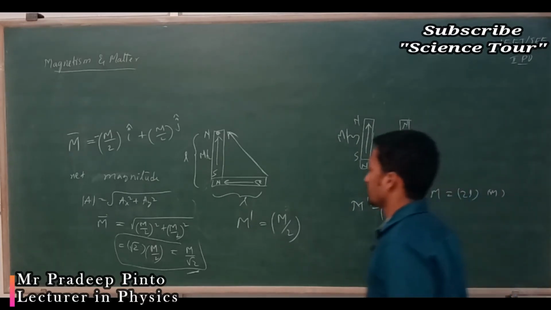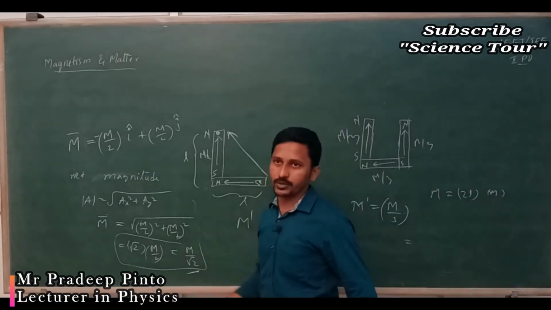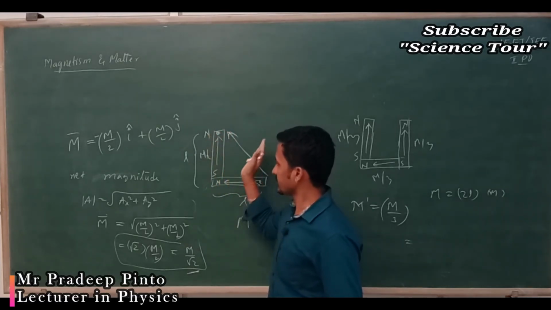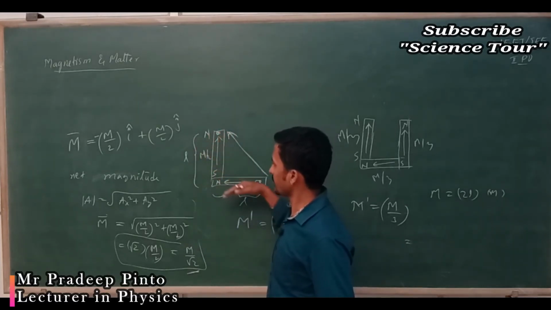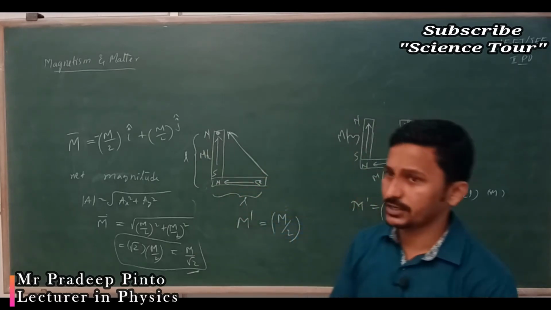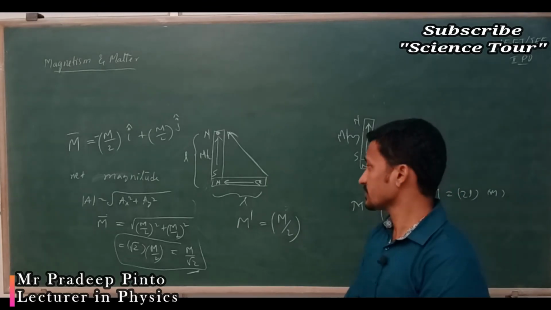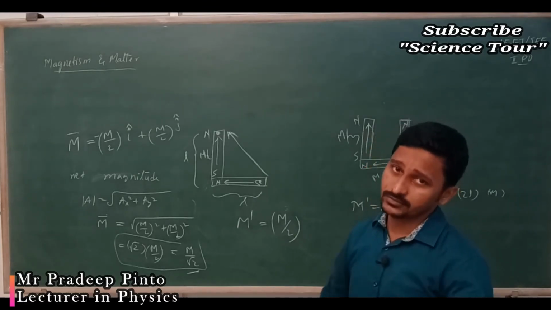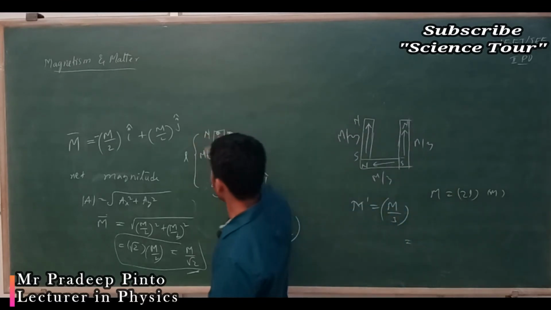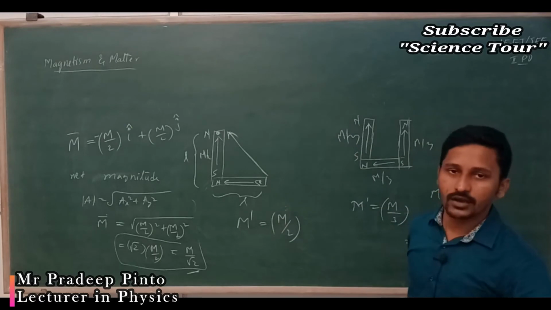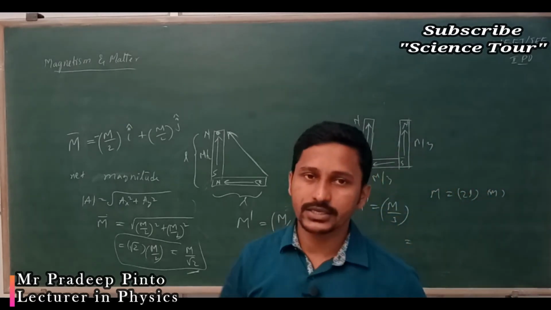The problem is given in such a way that one magnet is divided exactly into half, so the magnetic moment becomes m by 2, because the pole strength was the same and the length is divided by 2. For this arrangement, what is the total magnetic moment going to become?